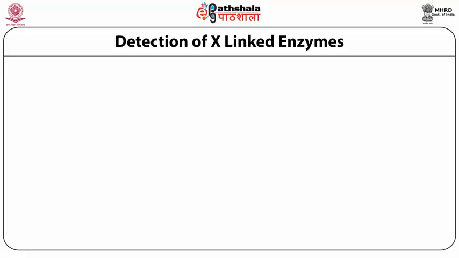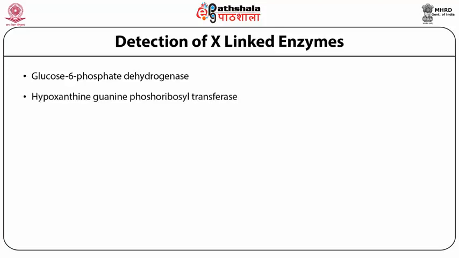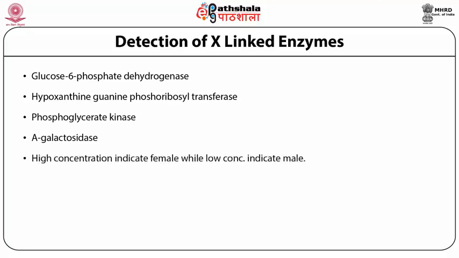So the genes present on the X chromosome, for example, glucose-6-phosphate dehydrogenase, hypoxanthine guanine phosphoribosyl transferase, phosphoglycerate kinase, alpha galactosidase. These enzymes will be expressed in high concentration in the female embryo as compared to the male embryo.